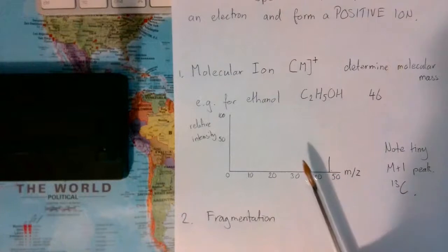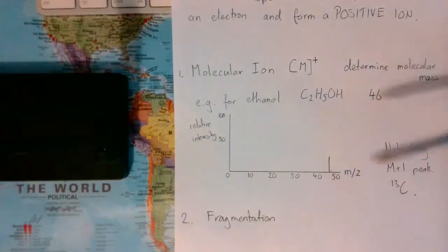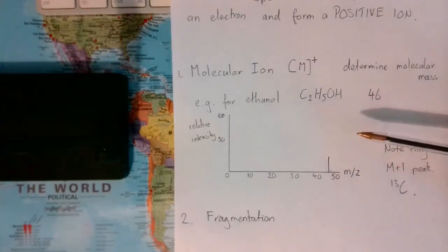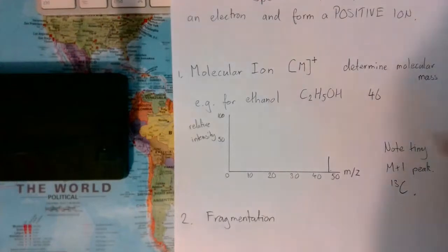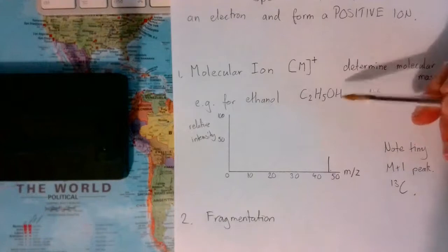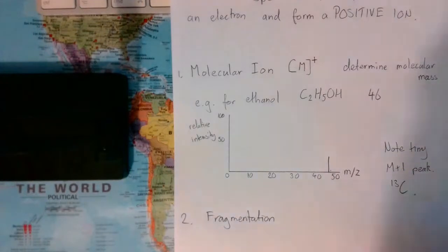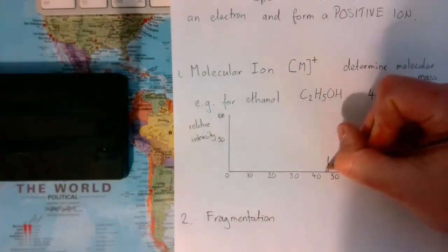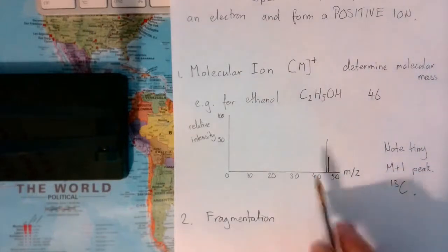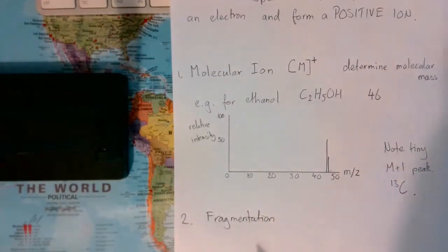Now you will note when you check the spectra in the textbook out that they're not very neat things, because of course you can be losing hydrogens left, right and centre. But the main peaks tend to come from the breaking of the carbon-carbon bonds, or carbon-oxygen, or in this case oxygen-hydrogen within the molecule, because immediately below the peak at 46 we would also get a peak at 45.